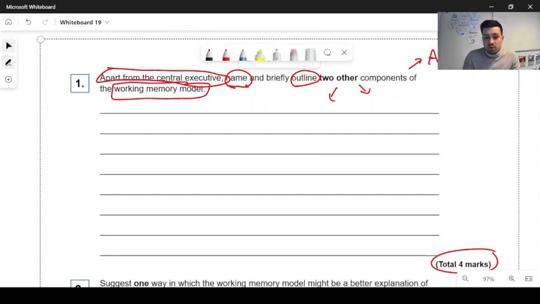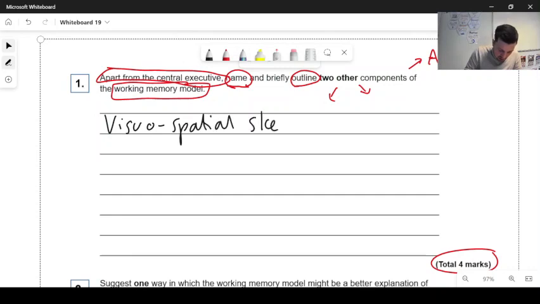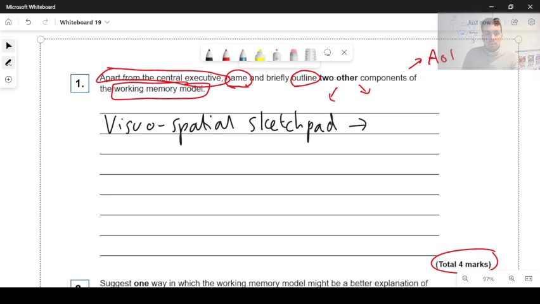So you could do a variety of things here. There's 3 other components to this model. So we have the visuospatial sketchpad. So there's 1 mark straight away. We will come to the outlining bit in a second.